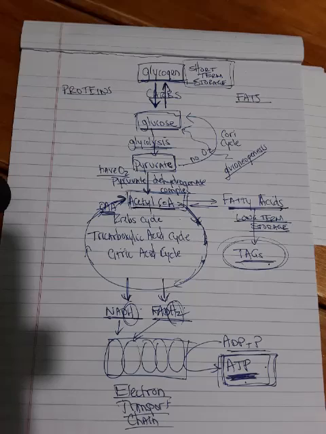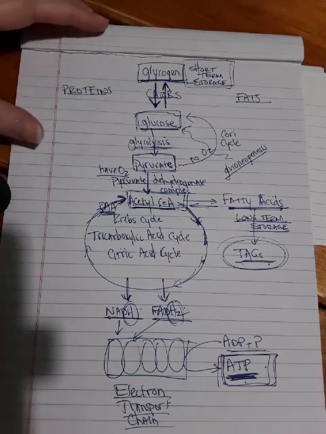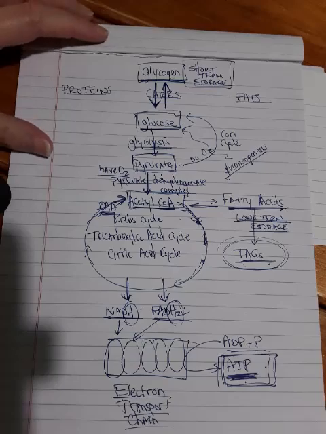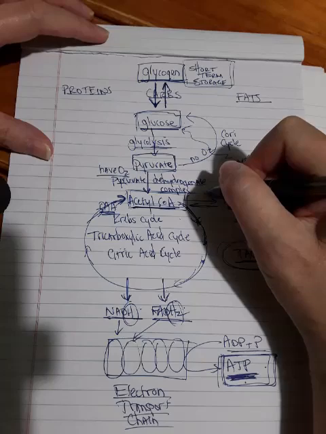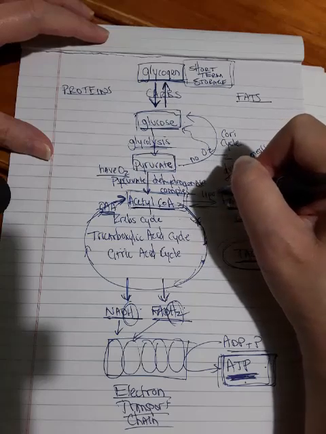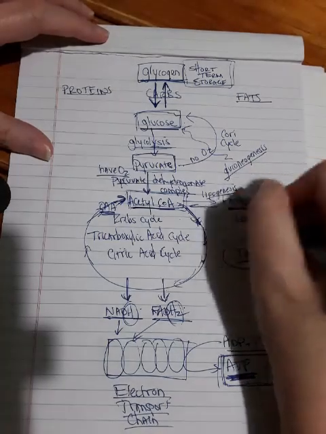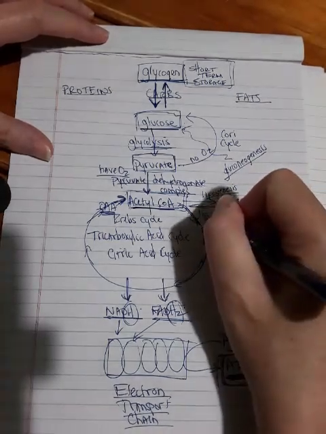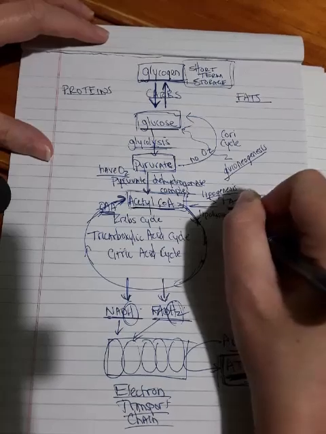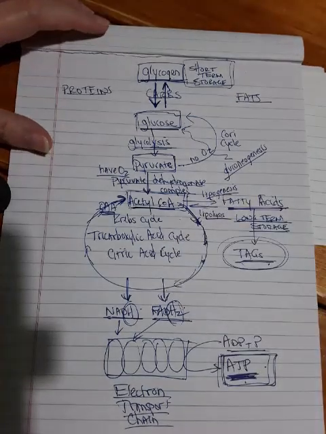GL anything is going to be a carb question. Lip anything, or ester, acyl, that's going to be a fat question. I should have put the term lipogenesis for making my fatty acids. I should have put the term lipolysis for breaking down my fatty acids.